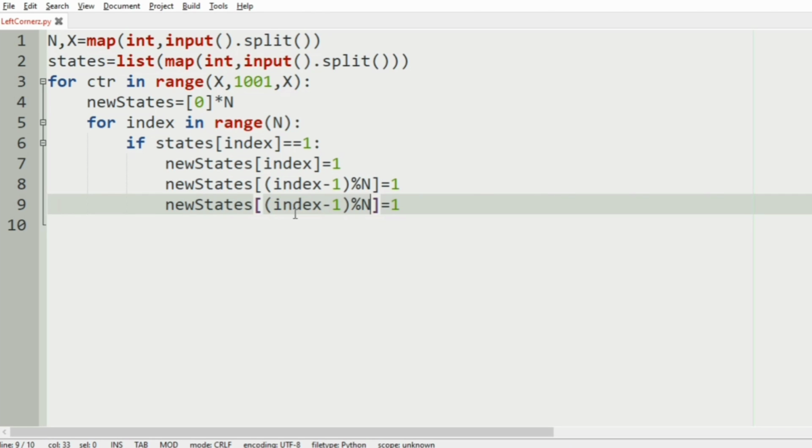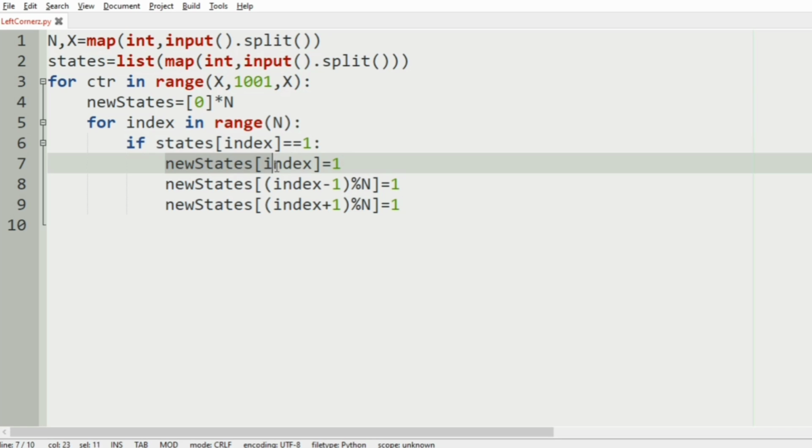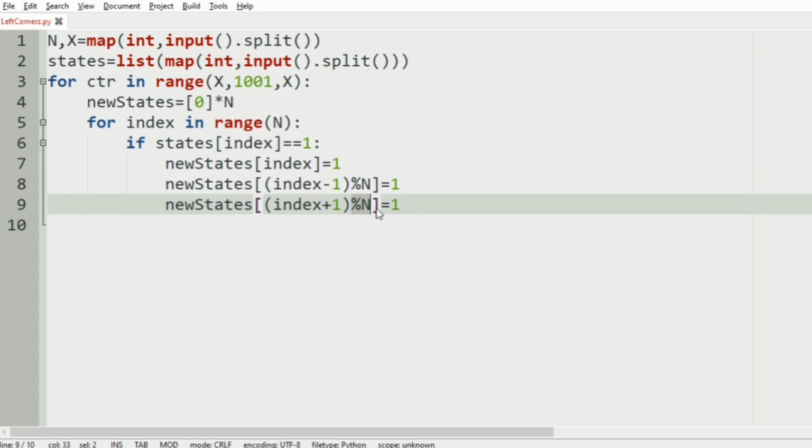The left side of the candle and the right side of the candle will be changed to 1, that is the adjacent candles are changed to 1 if the state of index is 1. So this is the left side of the candle and this is the right side. We have used modulo n as it is in a circular manner.